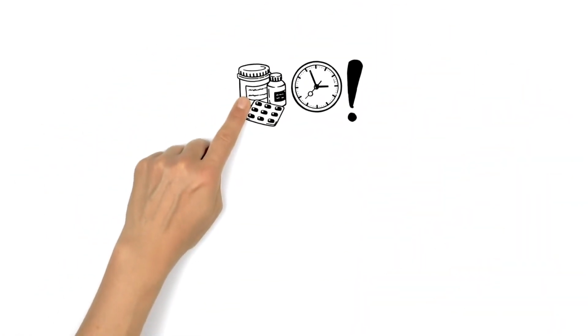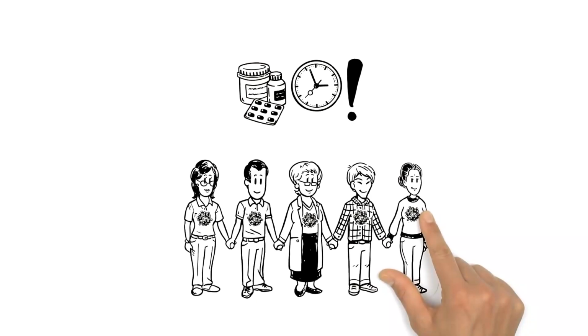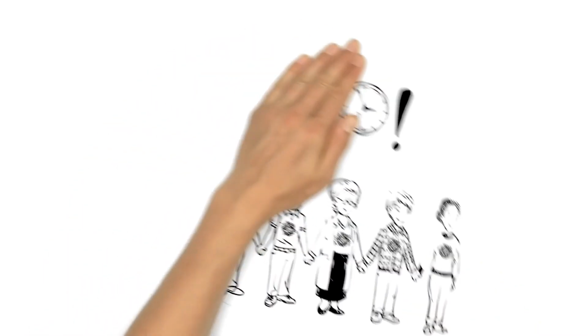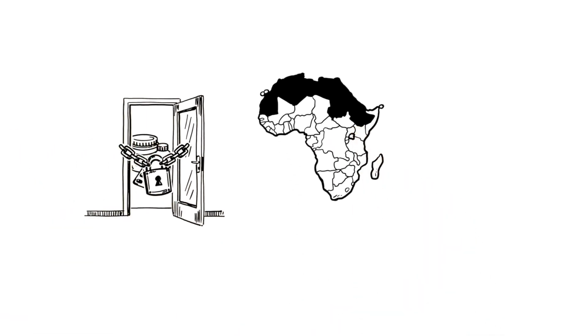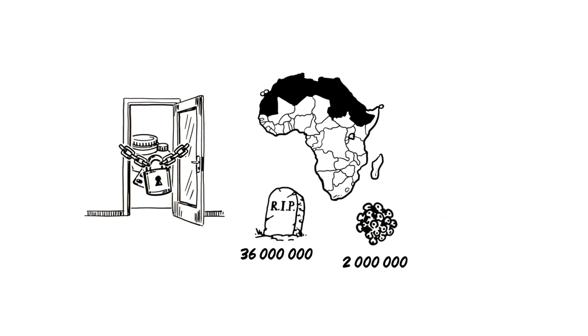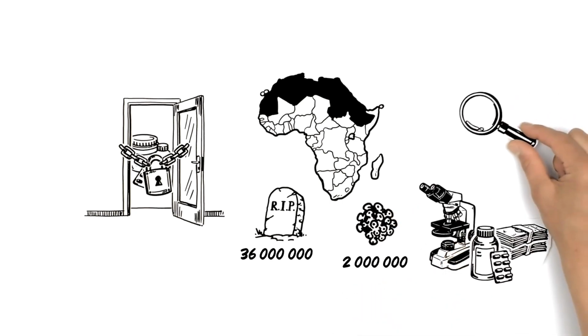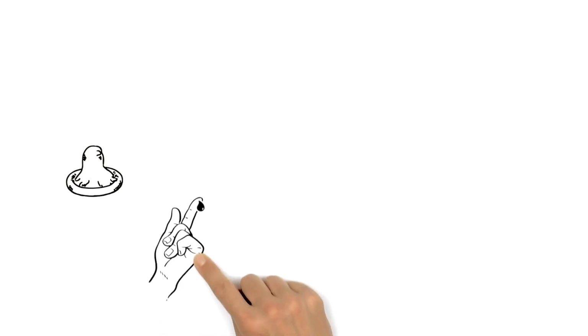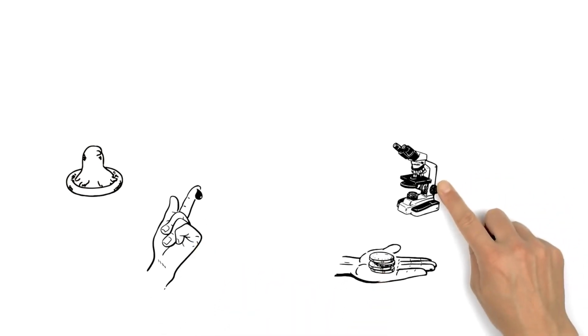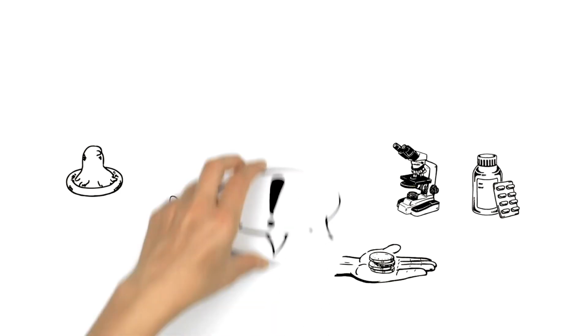By starting treatment early, people with HIV can now live long, healthy lives. Unfortunately, many people still lack access to medication, especially in sub-Saharan Africa. Over the last 30 years, about 36 million people have died, while 2 million more are infected each year. Scientists have made a lot of progress, but are still looking for the cure. You too can help end the AIDS crisis. Play safe, get tested, donate to support research, prevention, and care, and spread the word.